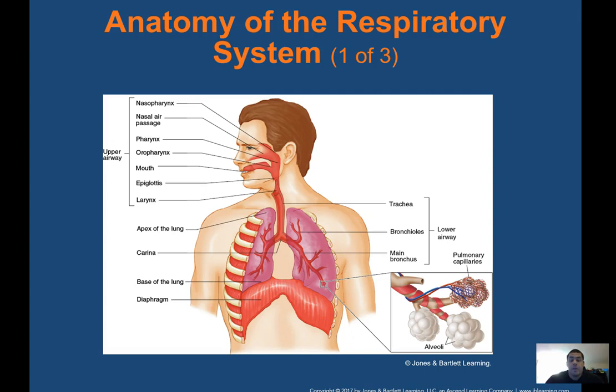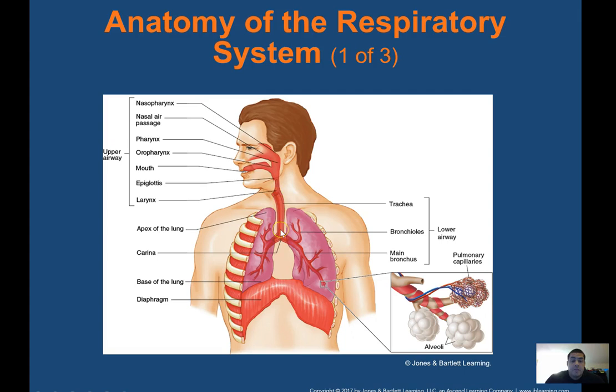So, picture the airway. Remember, we talked about where's the upper airway and where's the lower airway. Okay, so anything above the larynx is going to be upper airway. So nasopharynx, oropharynx, epiglottis, mouth, and then trachea, bronchioles, and your lower airway, and pulmonary capillaries over here, alveoli.